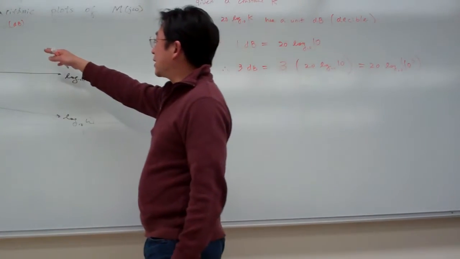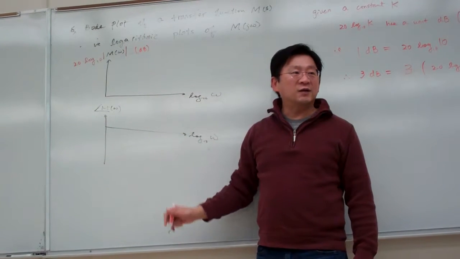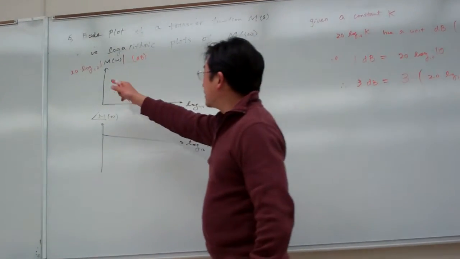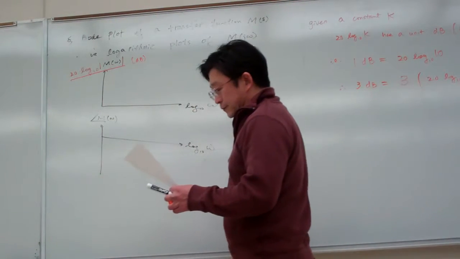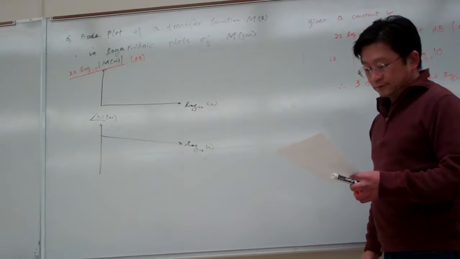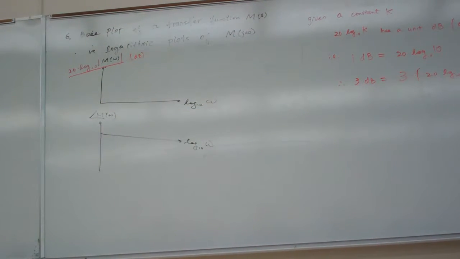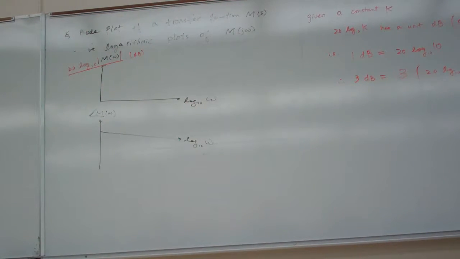The dB is not commonly used in the mechanical engineering discipline, but in electrical they use it quite a bit. But anyhow, here we simply take out this one. With this, we can begin to draw the simple curve here.